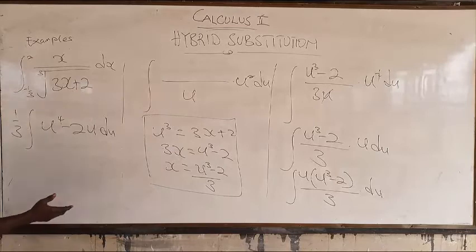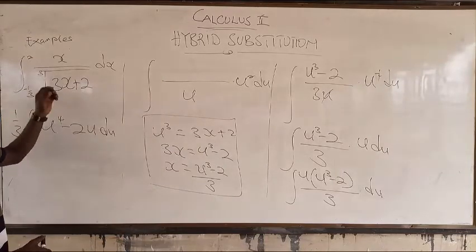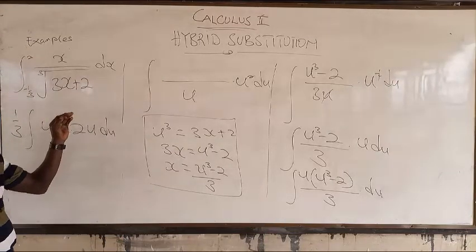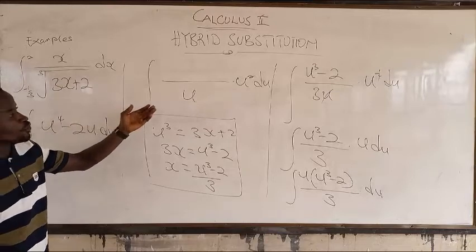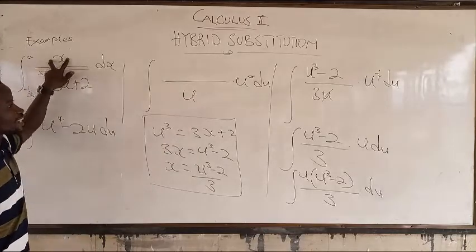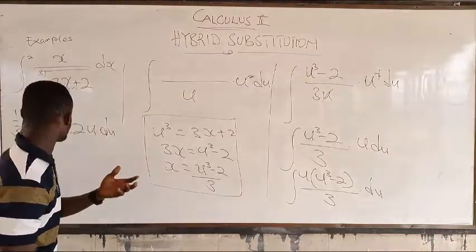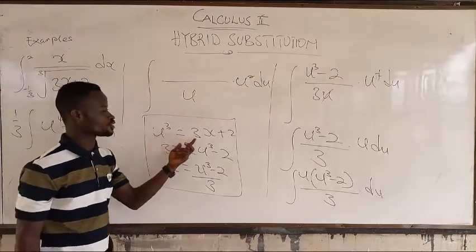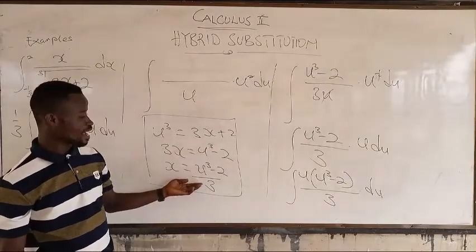After everything, we know that u is equal to the cube root of 3s plus 2, so we replace here by u. Now how are we going to get the s? We know that u to the power 3 is equal to this, then s will be equal to this.